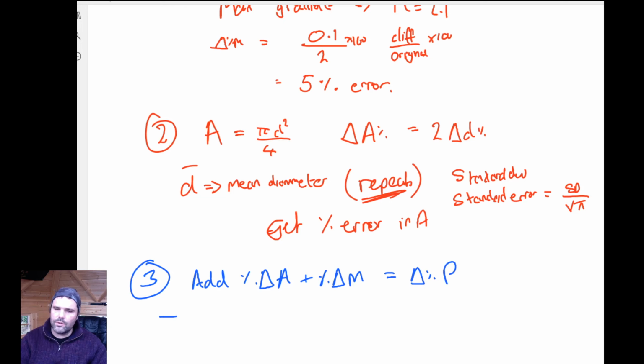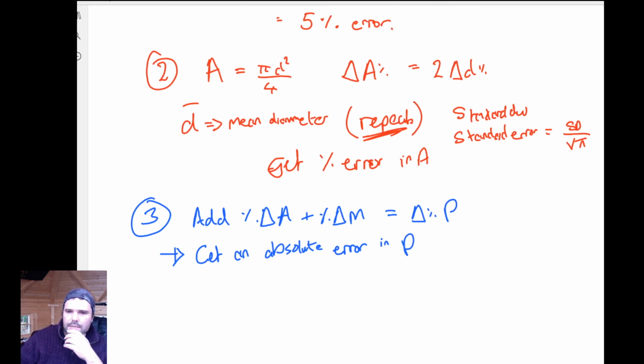So work it out. Do not leave it as a percentage. You've done all that hard work, really annoying, to then throw it all away at the end. Get an absolute error in rho. So let's say your percentage error comes out at 6%. So work out what 6% of your value was.